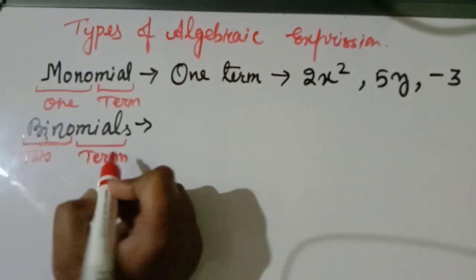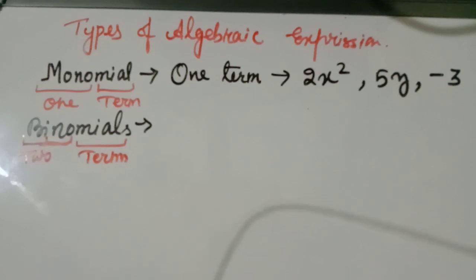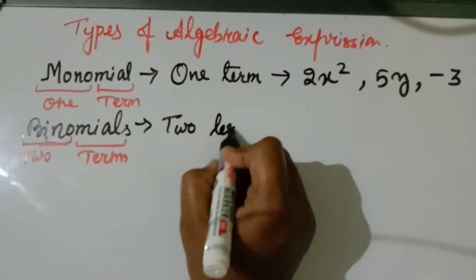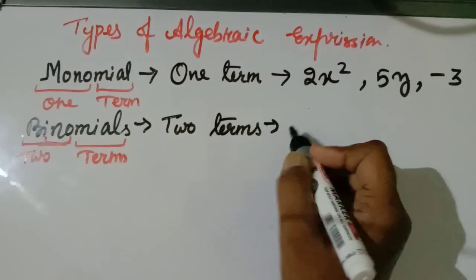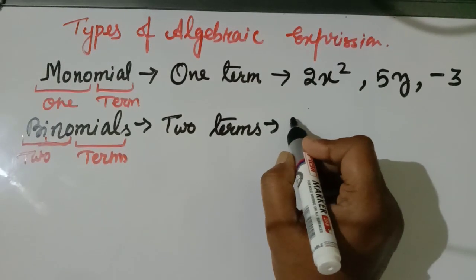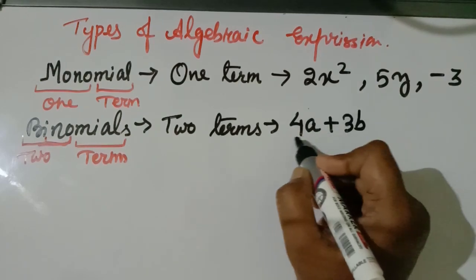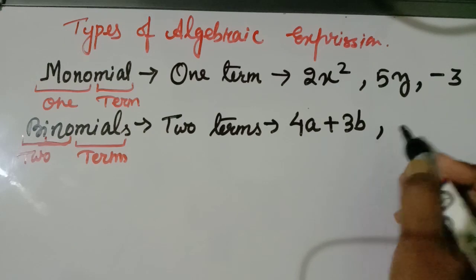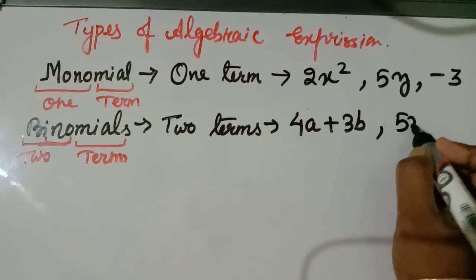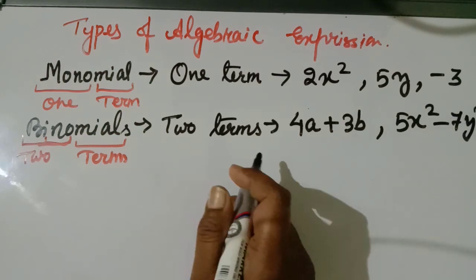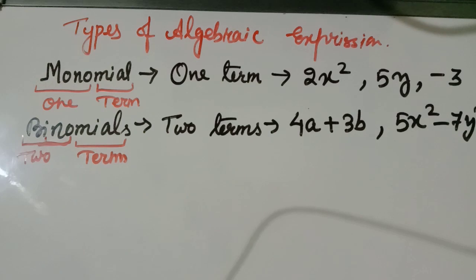So, there are two terms. I am writing here, 2 terms. Example of binomial, you can write as 4a plus 3b. So, 1 term, 2 terms. Or you can write 5x square minus 7y square. So, this is known as binomial.